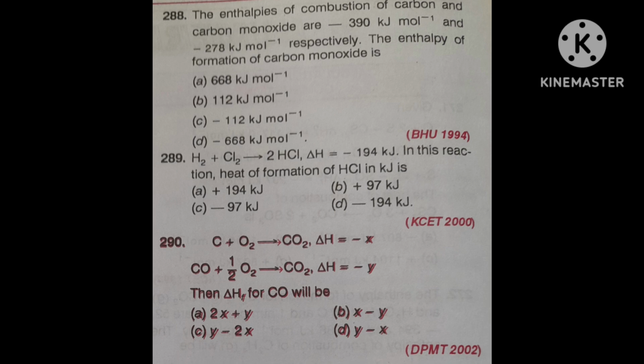Now the question I am reading. Heat of neutralization for the reaction NaOH plus HCl giving NaCl plus H2O is 57.1 kilojoule per mole. What will be the heat released when 0.25 mole of NaOH reacts with 0.25 mole of HCl?